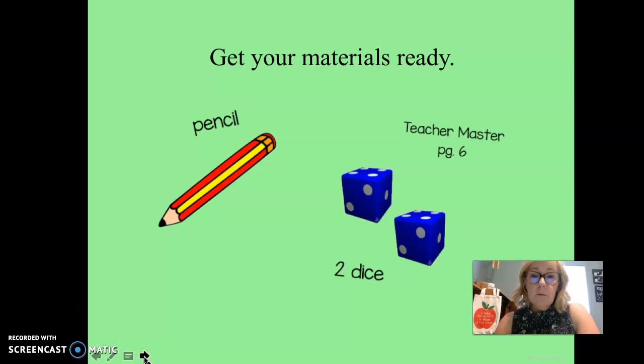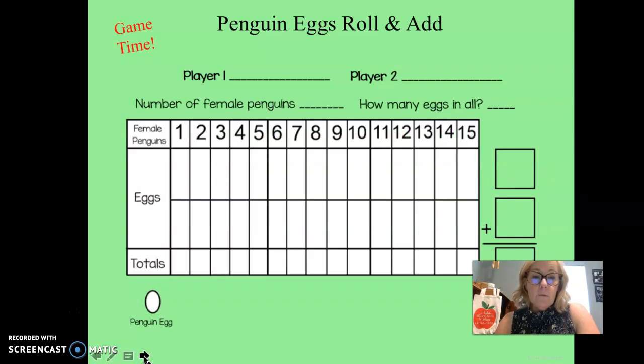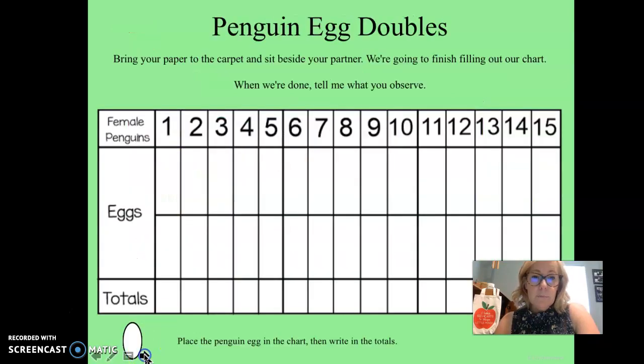Get your materials ready. This equals a penguin egg, and that's what you would draw here. We're going to fill out the chart together at this point. Place a penguin egg on the chart, then write the totals.